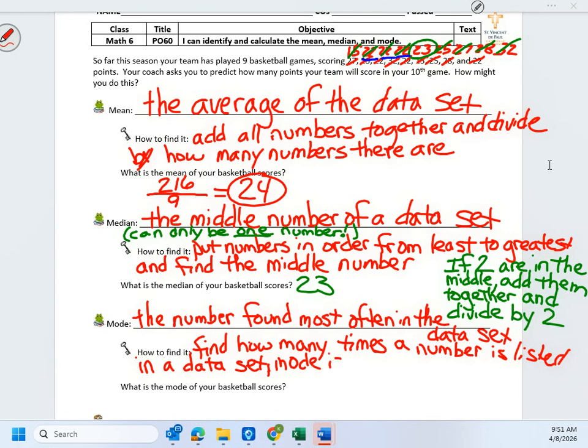Mode is the number listed the most. And like Jackson said, in our basketball numbers, the one listed the most is 22.